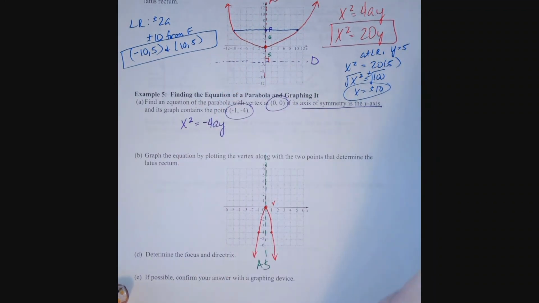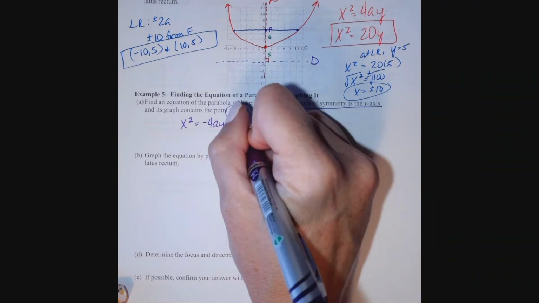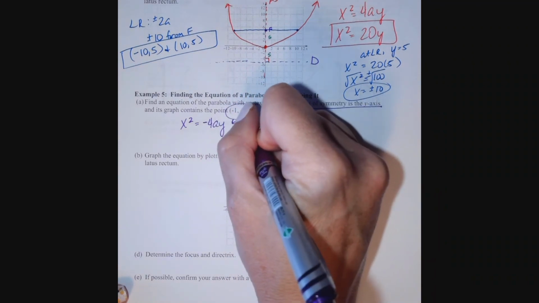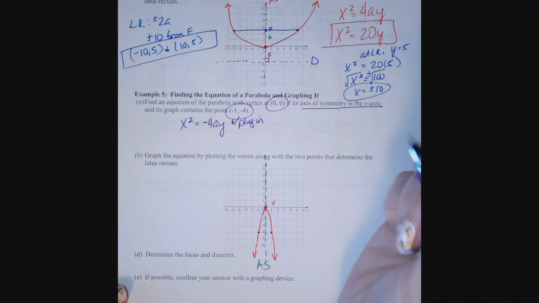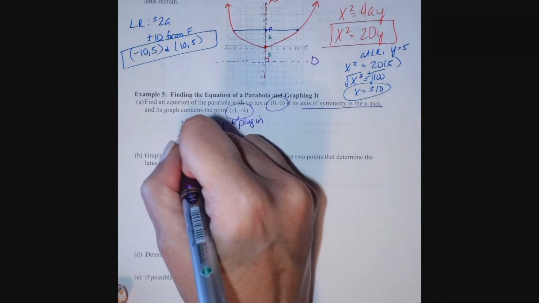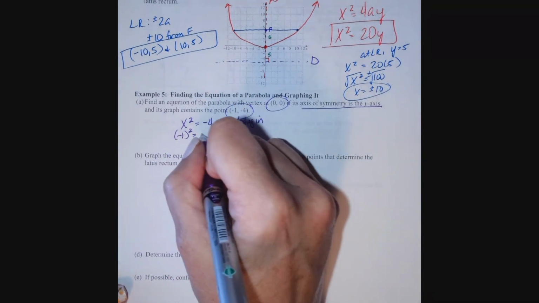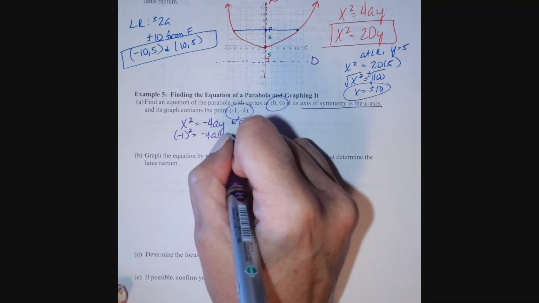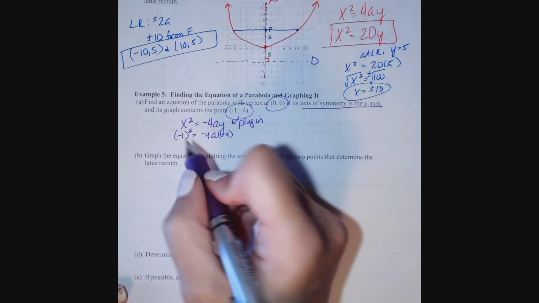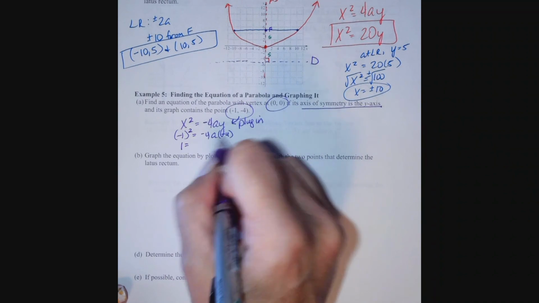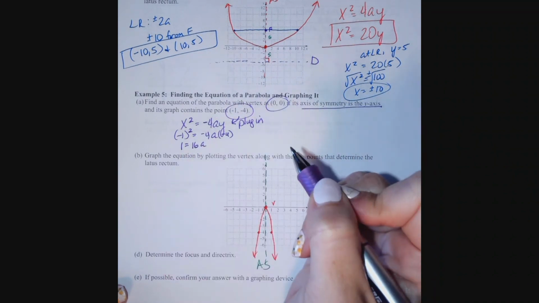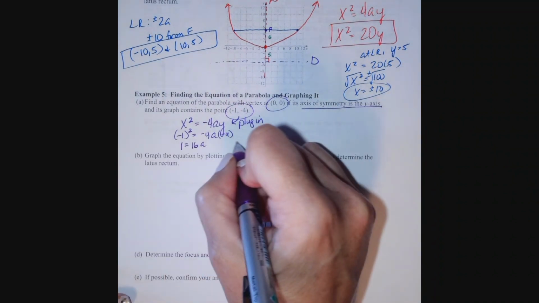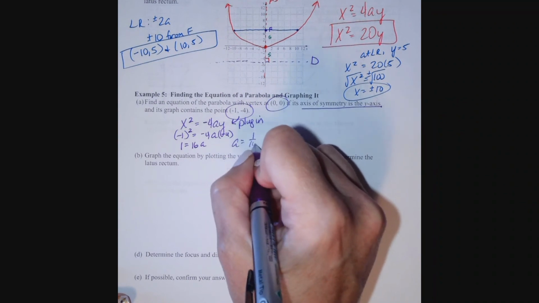And we have a point that we plotted, so we can plug that in. If x is -1, that's -1 squared equals -4a times -4. So 1 equals 16a, which means my value for a is 1/16.